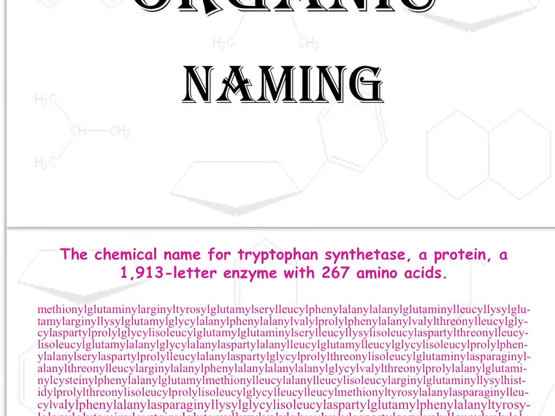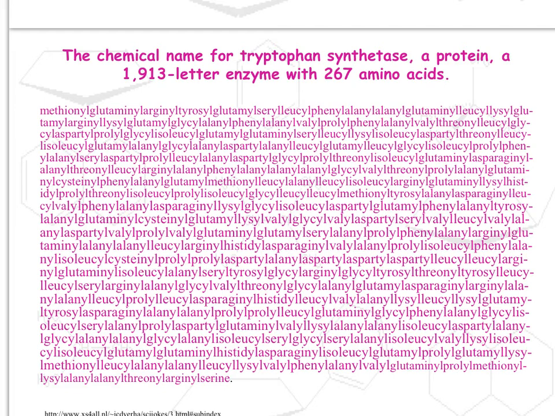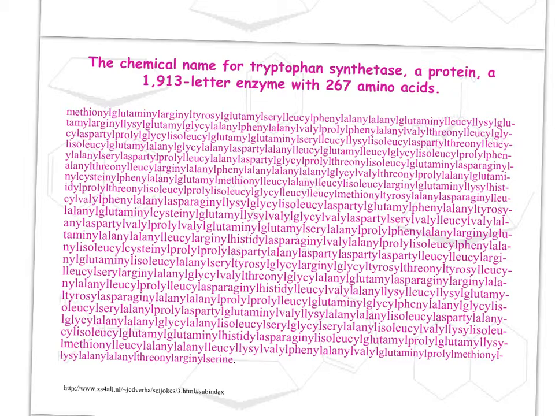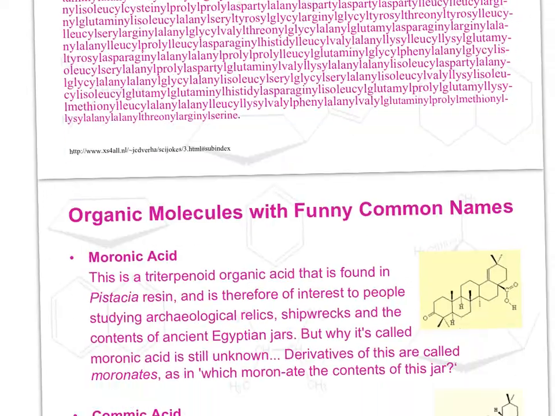Before we start, I thought it would be interesting to see some names. This is tryptophan synthetase, which is a protein. And it's actually not its whole name, because this includes the amino acids. You know how they have three-letter names? That's with the three-letter abbreviations, so it's kind of long. We will not be doing anything like that.